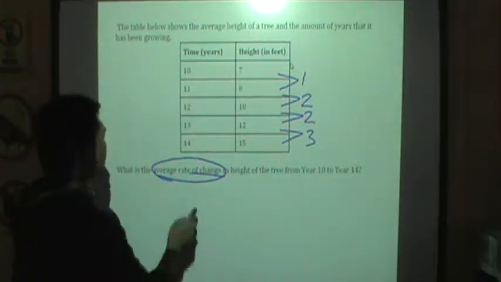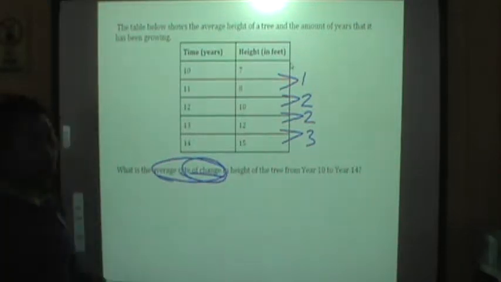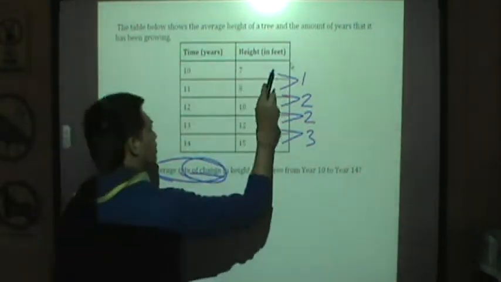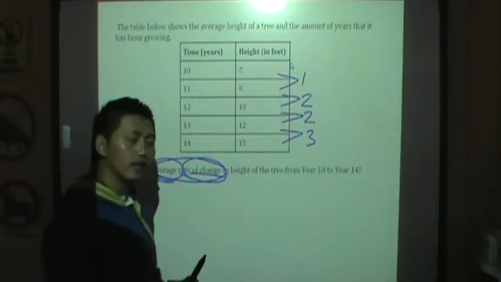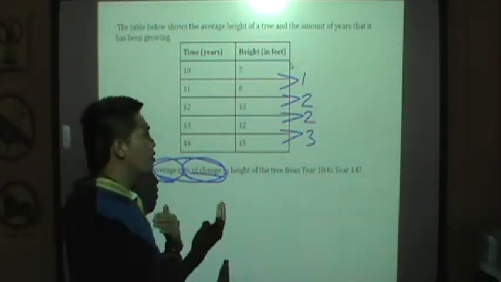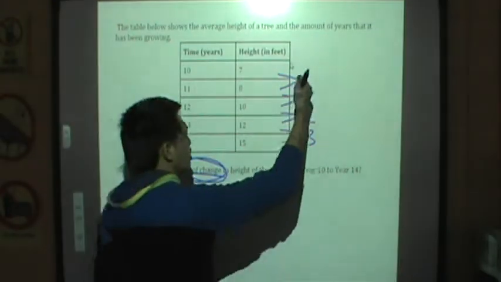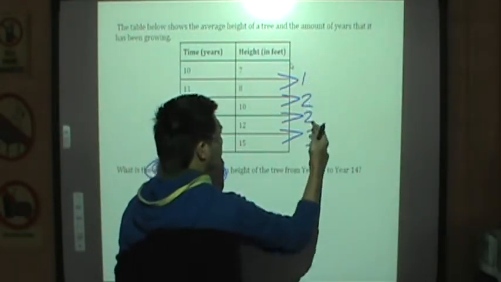Now that we have the rates of change, 1, 2, 2, and 3, we can go ahead and get the average. Again, to get the average, you add the numbers and then you count how many numbers you added. Here we have 1, 2, 3, 4.